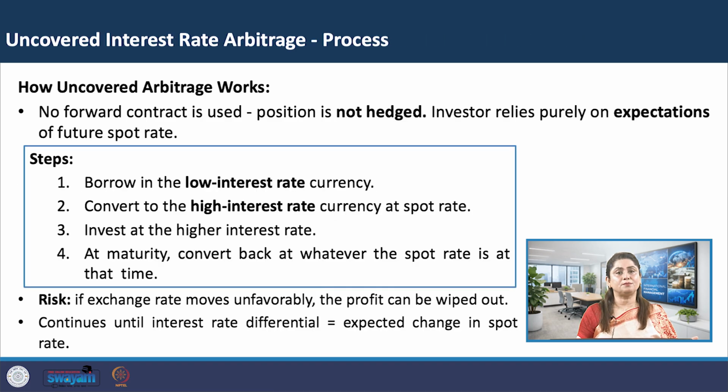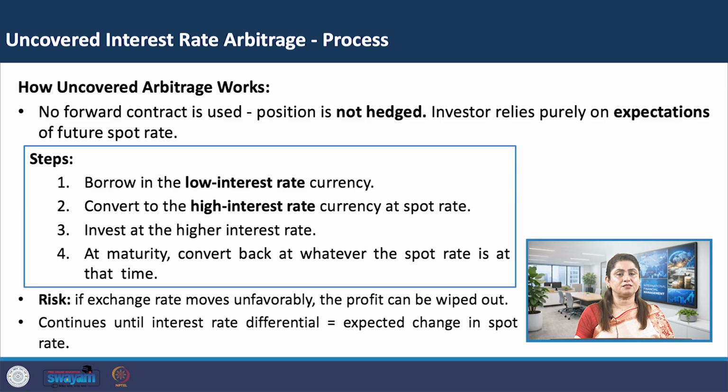The process is similar to covered arbitrage in the early steps. You borrow in the low interest rate currency, convert to the higher interest rate currency, and invest at the higher rate. But when the investment matures, instead of executing a pre-agreed forward contract, you simply convert it back at whatever the spot rate happens to be at that time.